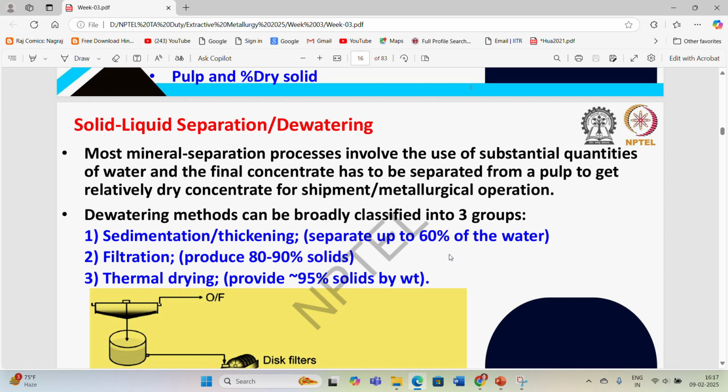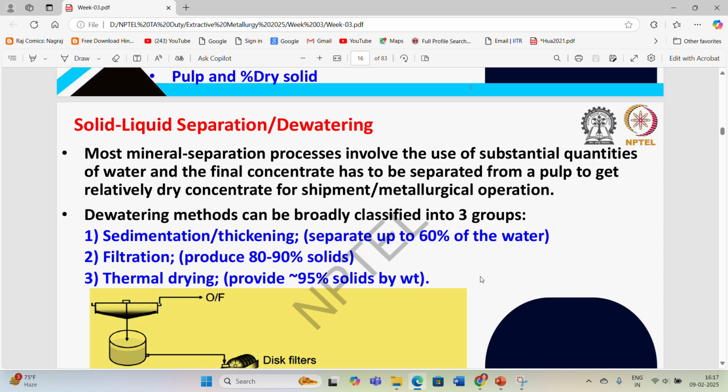First one is sedimentation or thickening, which can separate up to 60% of the pulp water. Then there are filtration processes like pressure filtration or mechanical filtration presses, which can produce 80 to 90% solids having only 10 to 20% water content. Then there are thermal drying processes which provide up to 95% solids by weight.